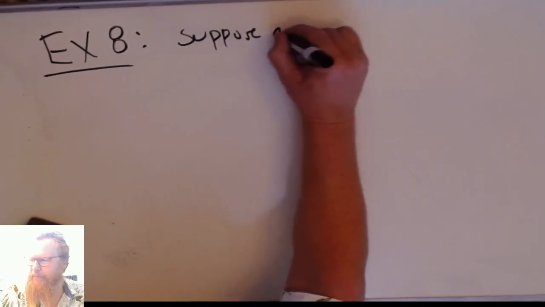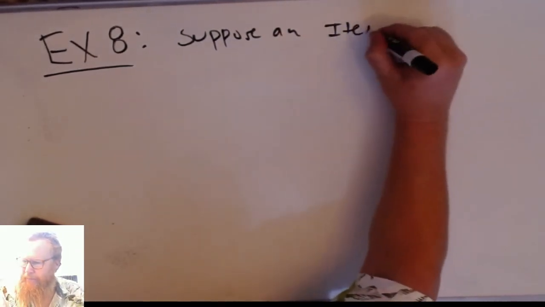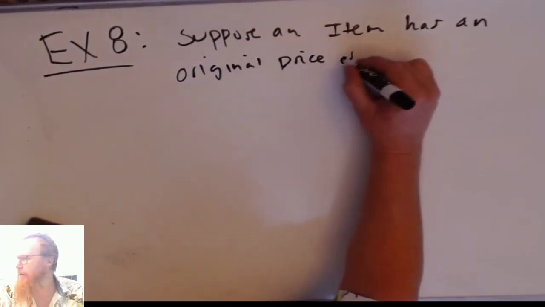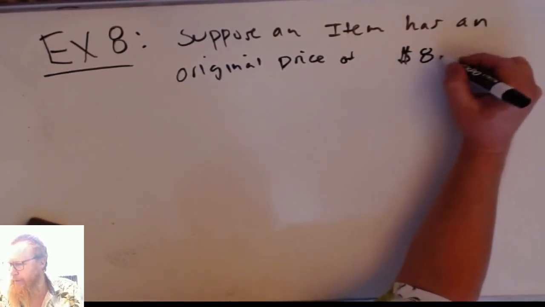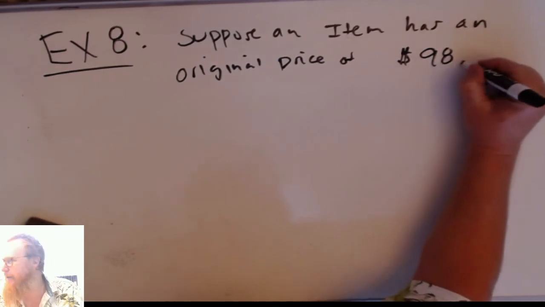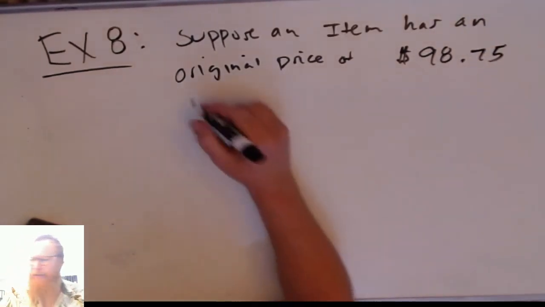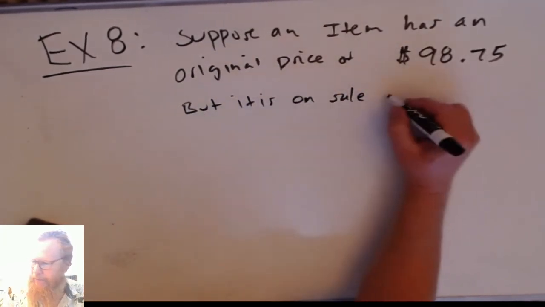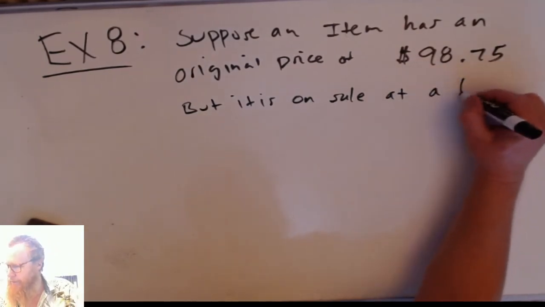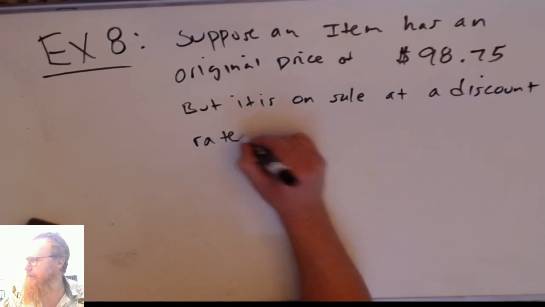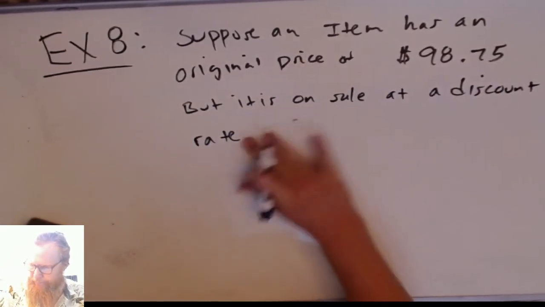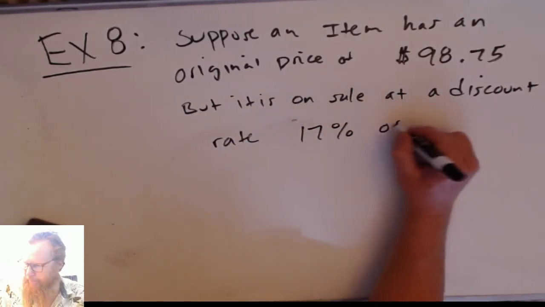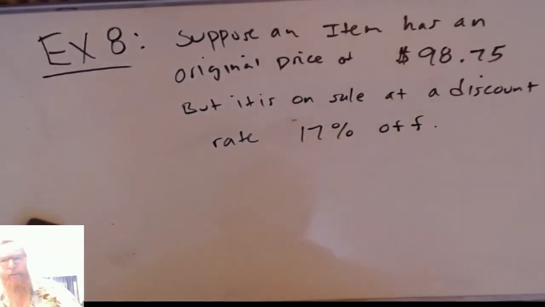Suppose an item has an original price of $98.75, but it is on sale at a discount rate of 17%. Okay.